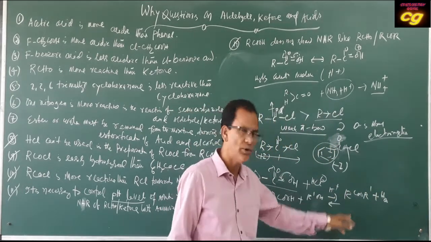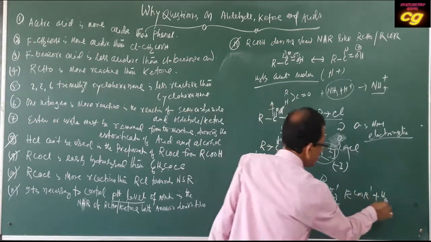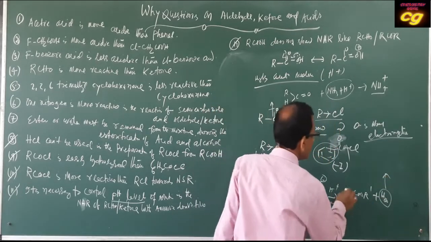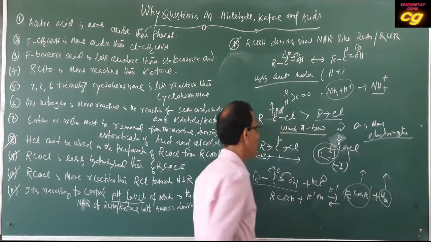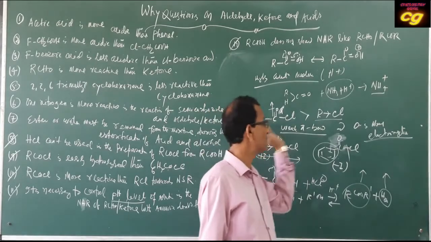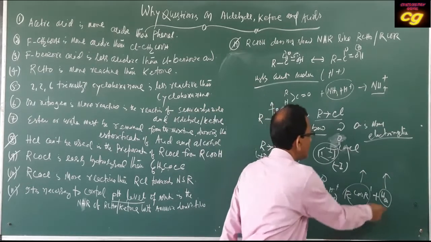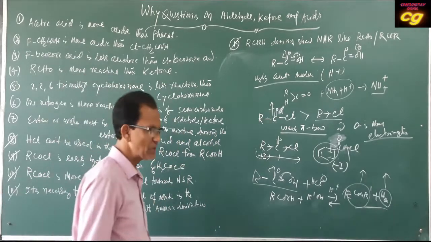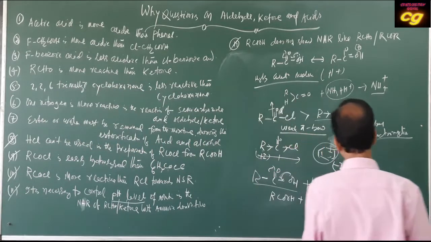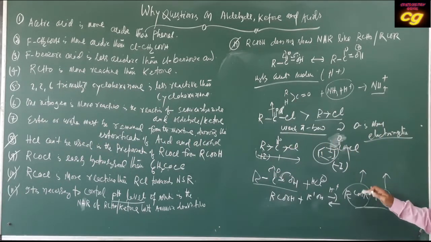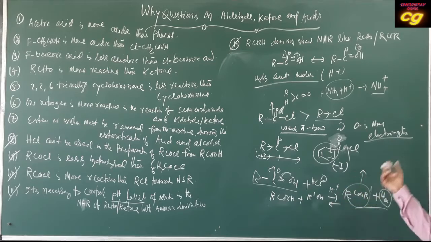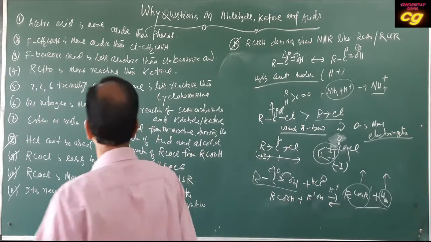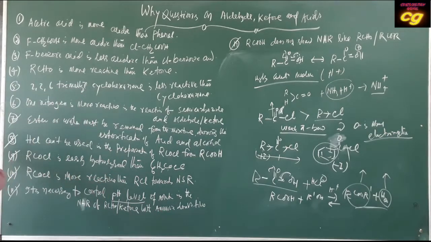As the reaction is reversible, if you remove either water or ester from the mixture, the equilibrium will shift in the forward direction, and more ester will be synthesized. That's why, as per Le Chatelier's principle, as it is a reversible process, if you remove the product from the mixture, then the amount of product will increase. So this is the answer.